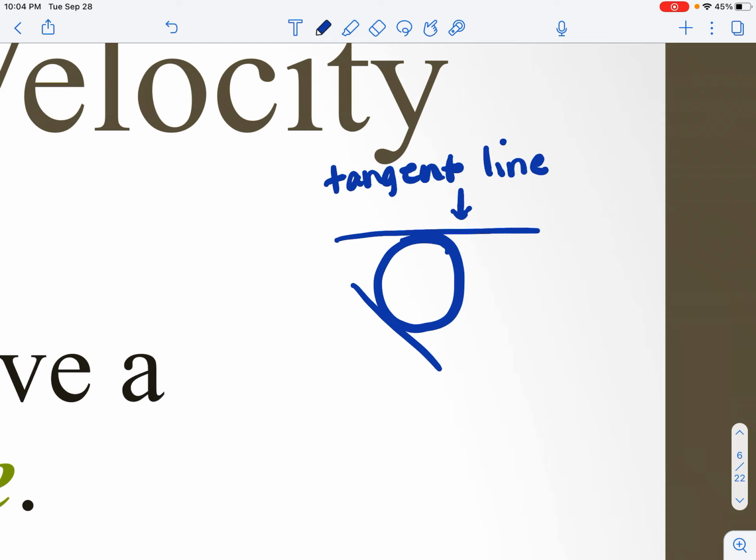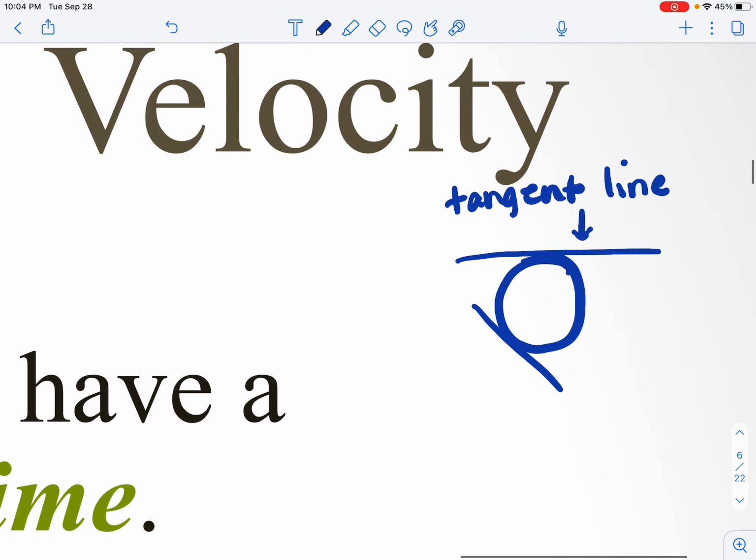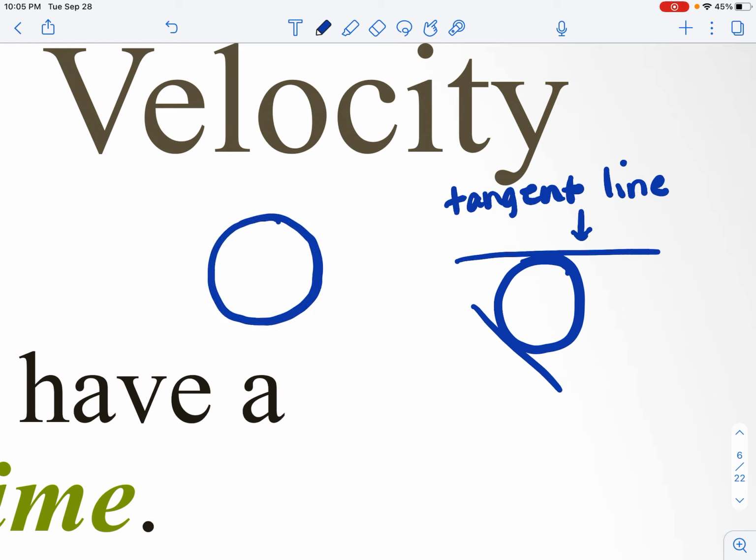This tangent line is also going to represent our linear velocity. If you recall, we spoke about a car that was traveling at a constant speed of 30 meters per second while driving around a circle. And at the time, our conversation was yes or no, is the velocity constant? And we decided that the answer was no, because if the car is driving counterclockwise at this moment, that's the direction of the car.